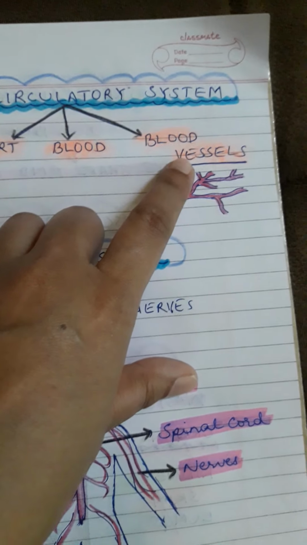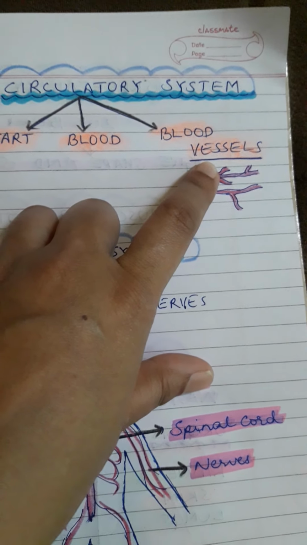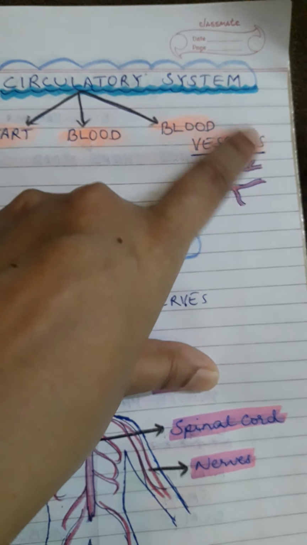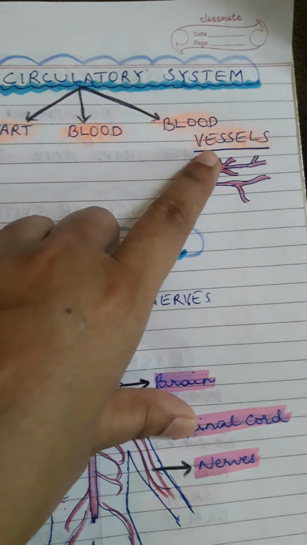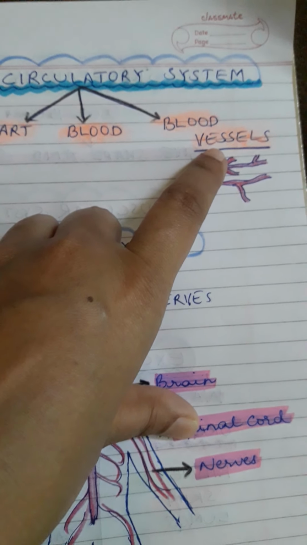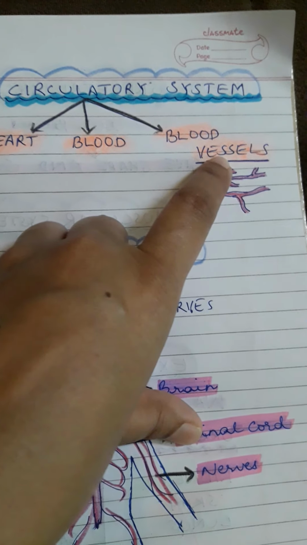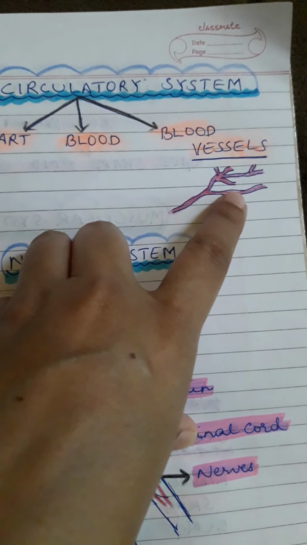Now blood vessels. You know the word vessel because I had taught you in your first chapter, that is measurement. Vessel is any container which contains a liquid or anything. Similarly, blood vessels are vessels in which blood is contained. Right? Like this, arteries and veins.